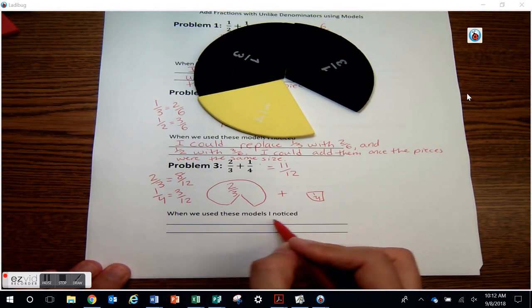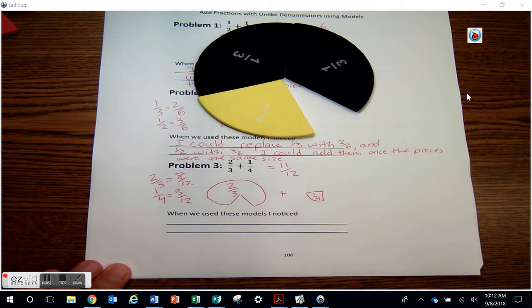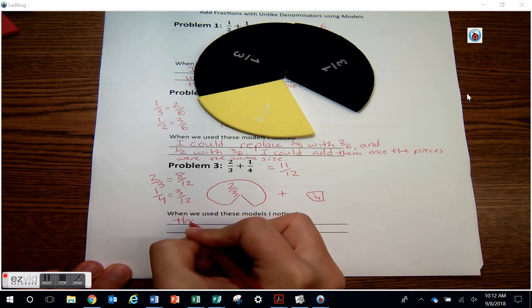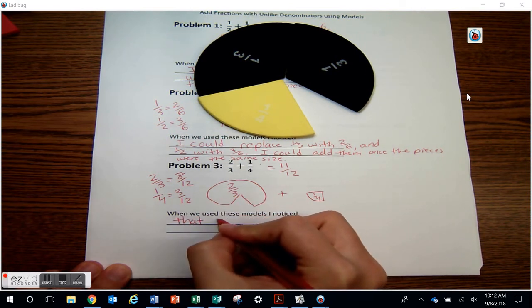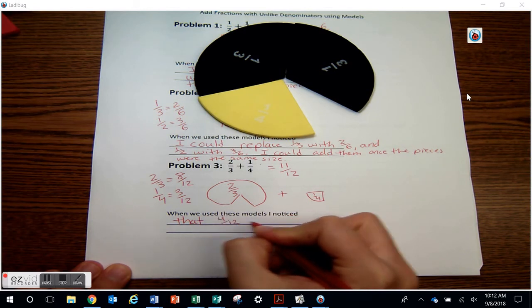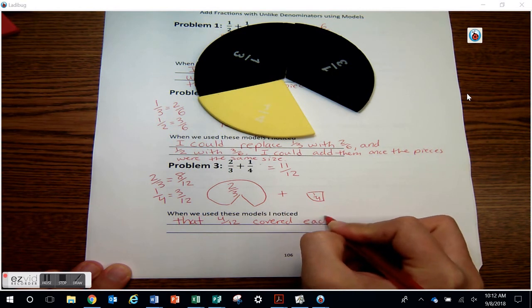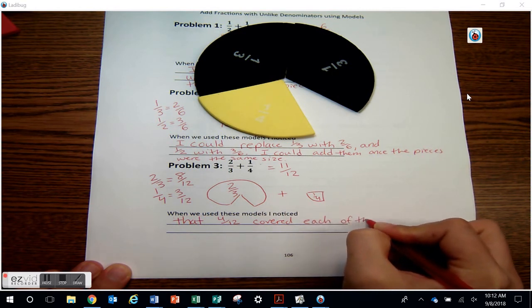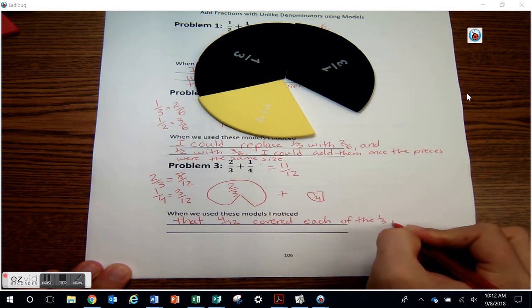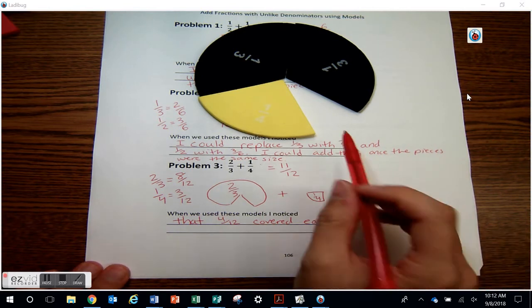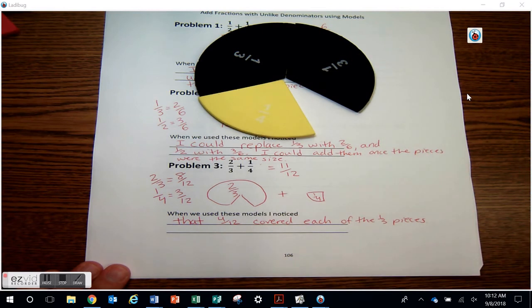When we use these models, I noticed that 4/12 covered each of the 1/3 pieces. This is what I noticed.